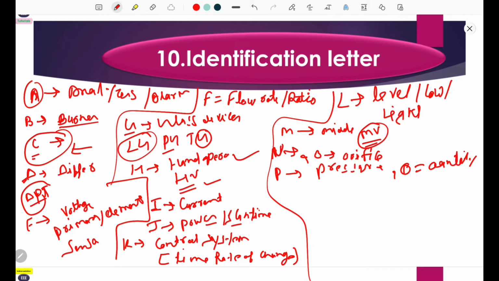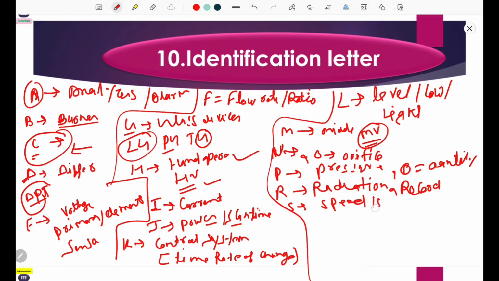So we are seeing what the A to Z symbols are used for in a P&ID. After PQ, then R. R is used for radiation and record.